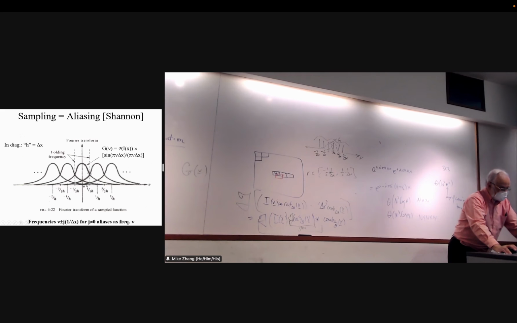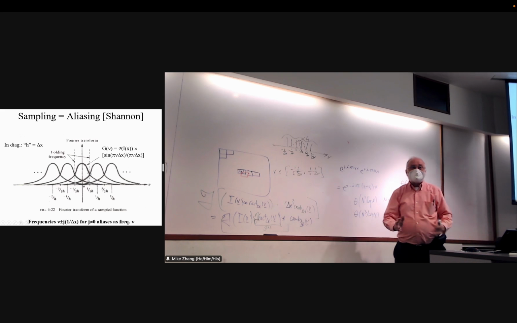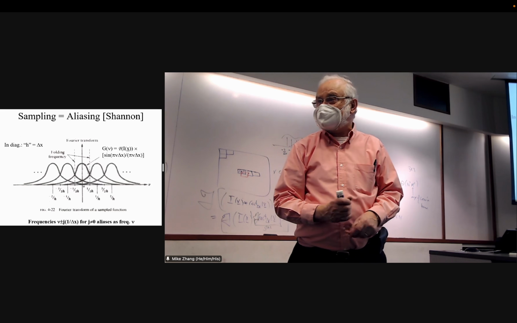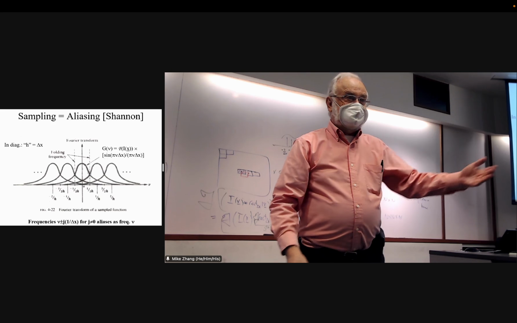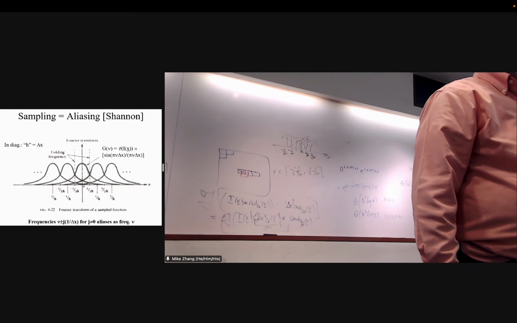And at any frequency here, what you have is the sum of the contribution from the one at 0, the contribution into that interval of the one at 1 over delta x, the contribution of the one at 2 over delta x, and the one from minus 1 over delta x. The other ones, besides the one centered at 0, are polluting the information that came from the main G that we cared about.